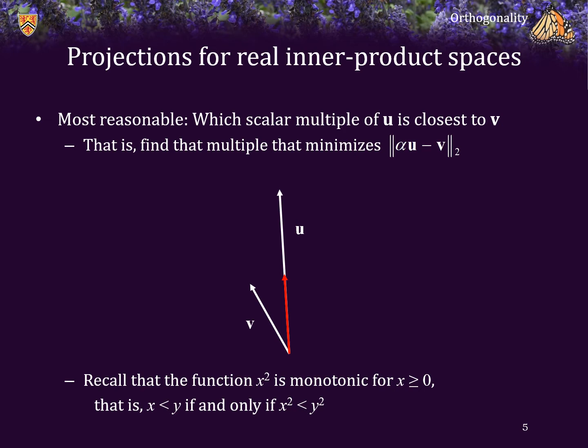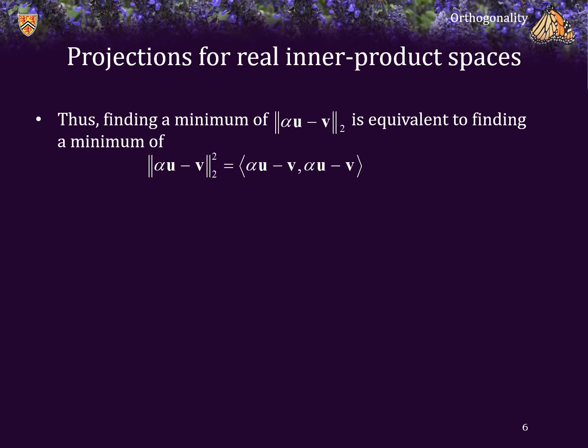And the minimum of one will equal the minimum of the other. Thus, finding the minimum of the 2 norm of this difference is equivalent to finding the minimum of the 2 norm of this difference all squared. But the 2 norm squared is just the inner product of this difference with itself.